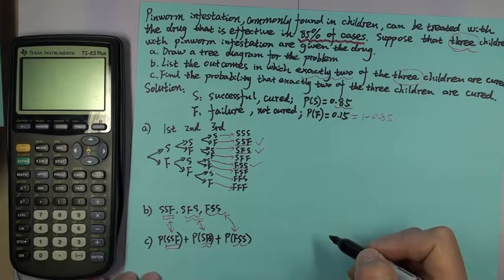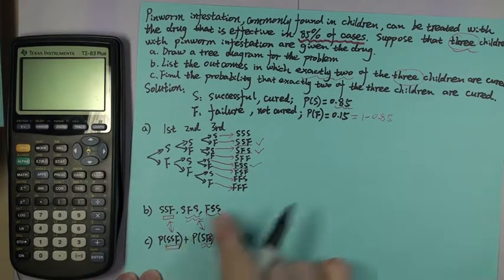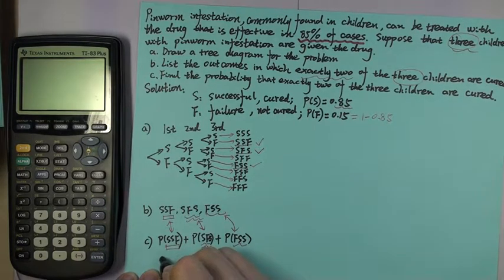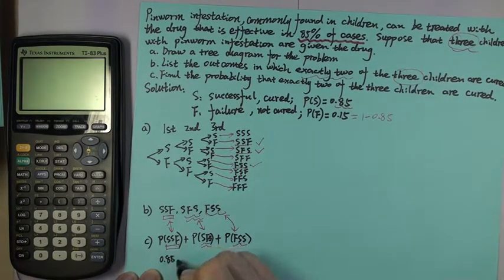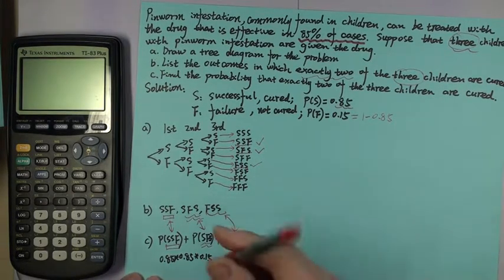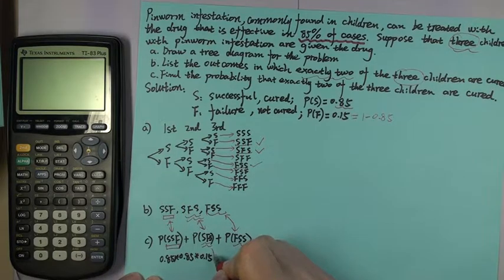Successful rate is 0.85. So you have 0.85 times another 0.85, and then F is 0.15. That's for the first one. For the second one, let me write it down here.